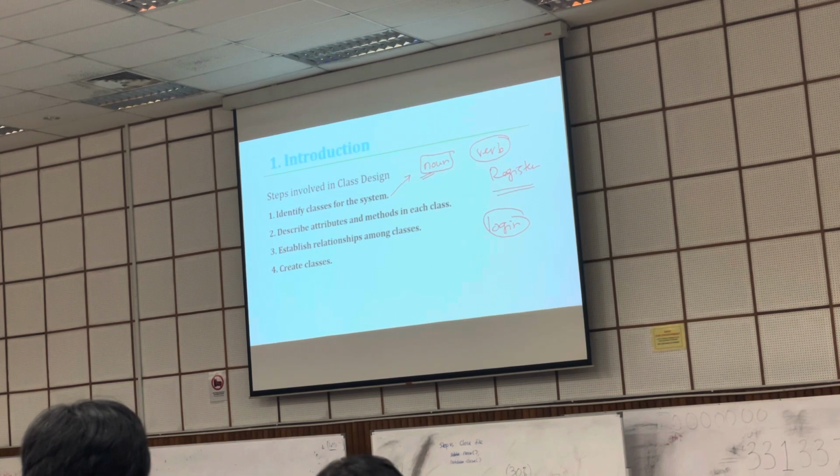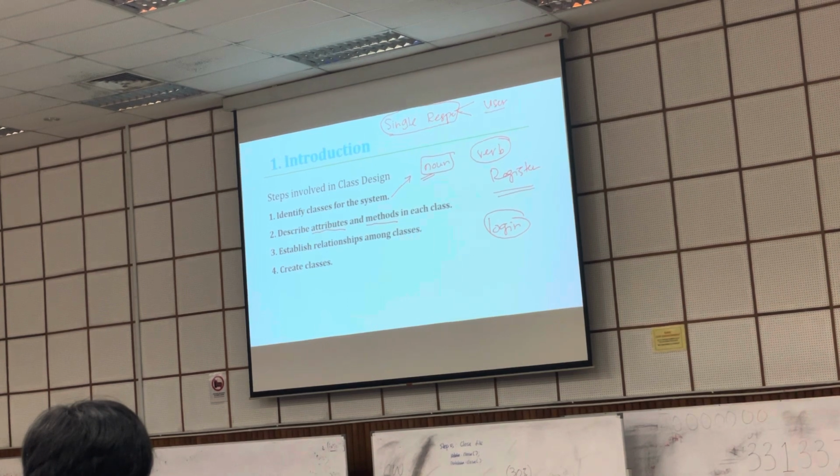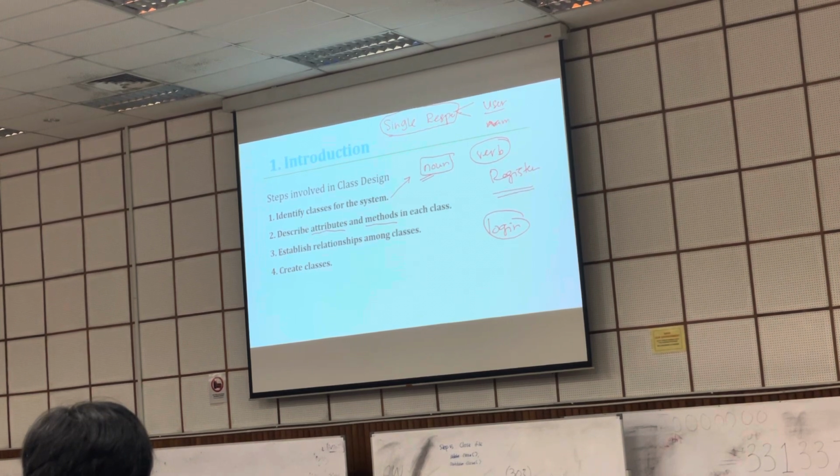So remember, classes are usually nouns. Okay? And another mistake, the attributes and the methods that you put inside each of your classes are not correct. Because last time you already learned it must be single responsibility, correct? That means one particular class must contain data and also methods related to that particular class only. Okay? So some of you put, let's say, this one is user. Under the user have, let's say, name and everything.